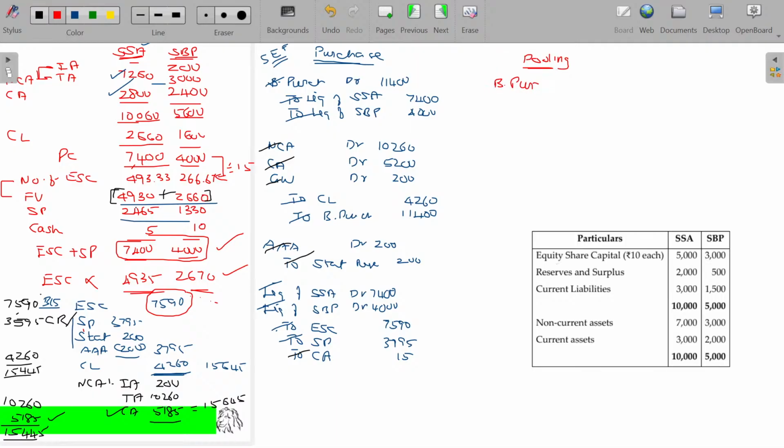Business purchase account debit to liquidator of SSA, to liquidator of SBB. It will not have any change. But for pooling, you can show at its own face value only rather than securities premium. You can remove the securities premium, no problem. In this case, will be meaningful. If I remove, what is the purchase consideration? This will be the purchase consideration without securities premium, 4,935, 2,670. What is the total purchase consideration?